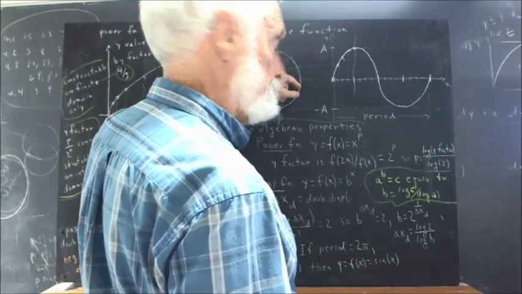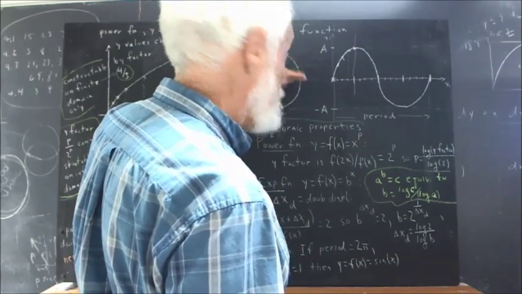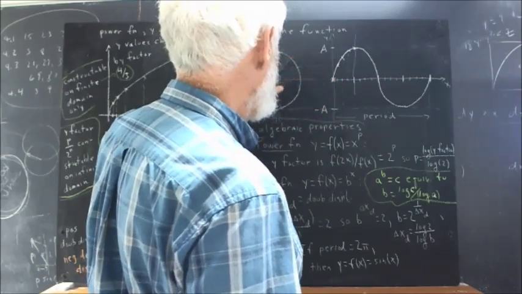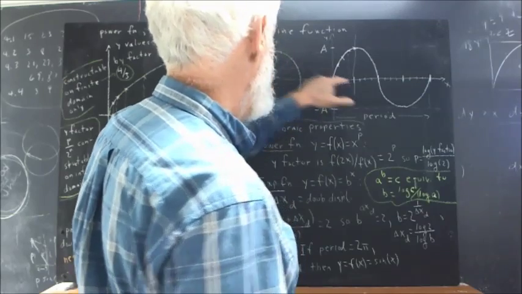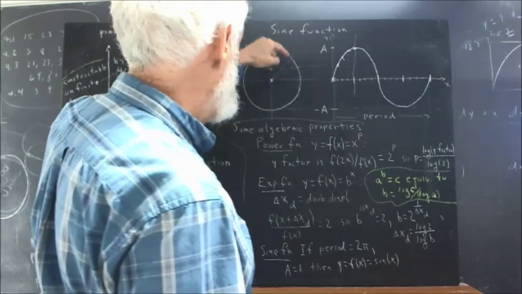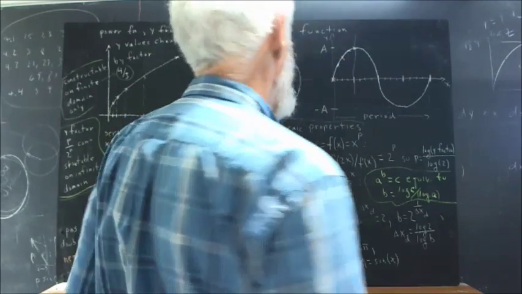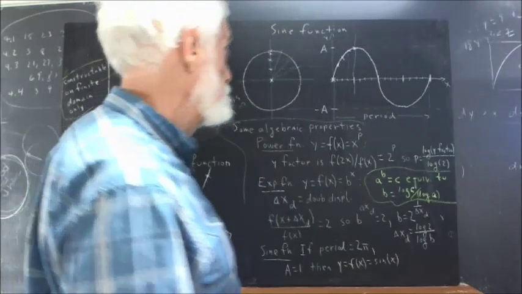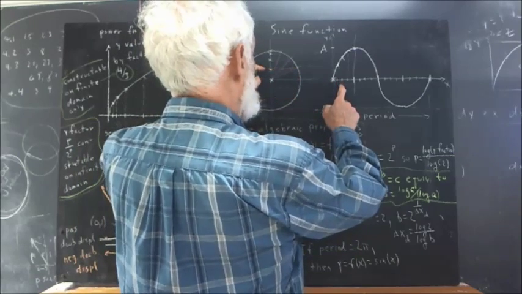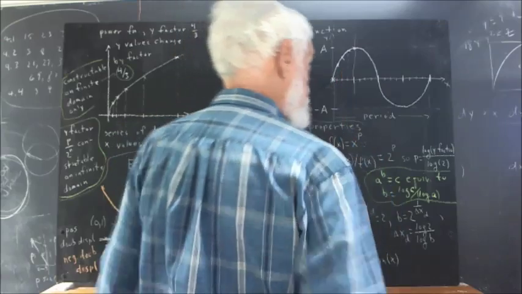The angle corresponding to just this angular displacement will be 1 mark, then to this one 2 marks, to this one 3 marks, and so forth. We take the y value at each of these points and associate it with the corresponding mark. So we go from here to here with this y value, then to here with this y value, to here, and so forth.